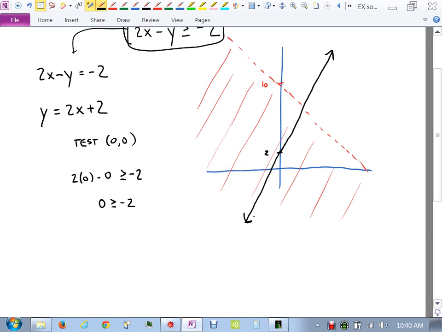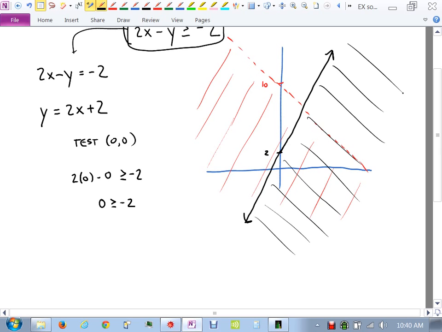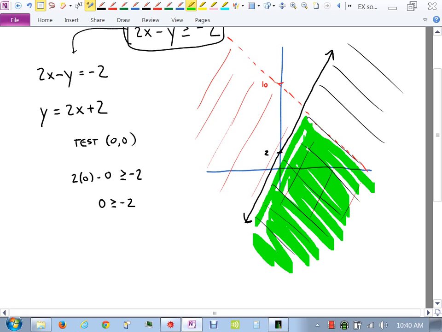The black line separately is everything below, right? Everything like that? Well, I can on the black line, but not on the red. Now my final answer is where they overlap. So my final answer is everything in here like this. Right?